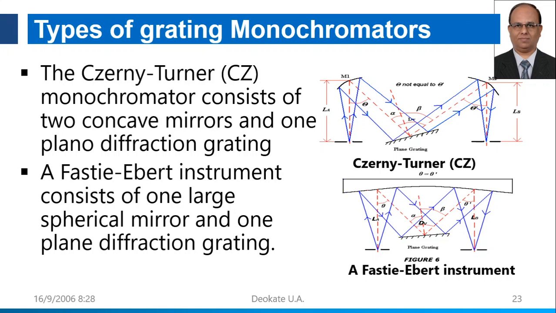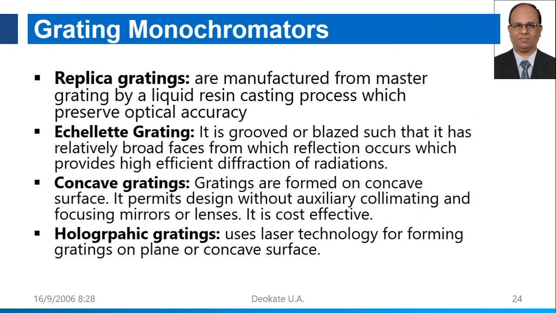Now, to avoid the use of too many optical devices, a modification has been made in this instrument. Instead of using three devices, they use a single mirror which can work for both the collimation and the focusing. They use a semi-cylindrical or half spherical mirror, and that is known as the Fastie-Ebert instrument. In the Fastie-Ebert instrument, they use only a single mirror which can work for both things.